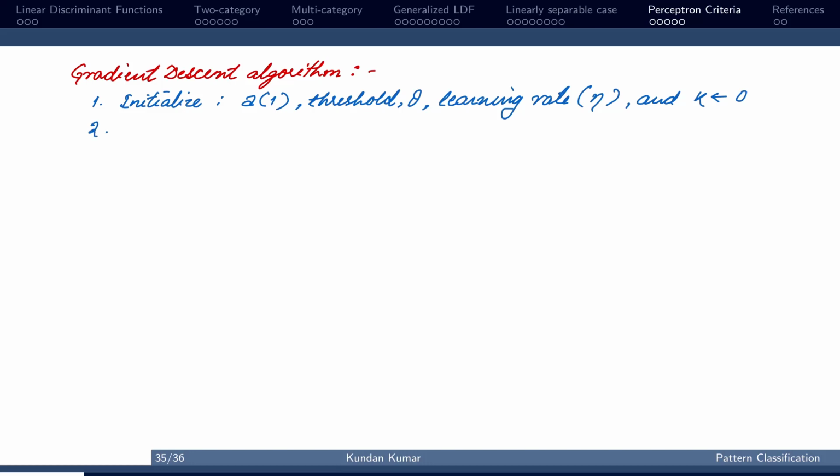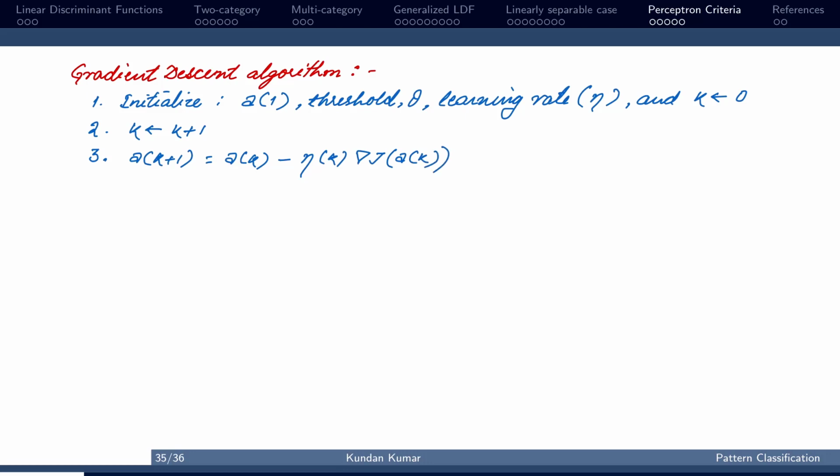In the next step, we update the value of k by k plus 1. In the third step, we update the weight vector in the direction of the negative gradient of the criteria function. So a(k+1) equals a(k) minus eta(k) grad J(a(k)).